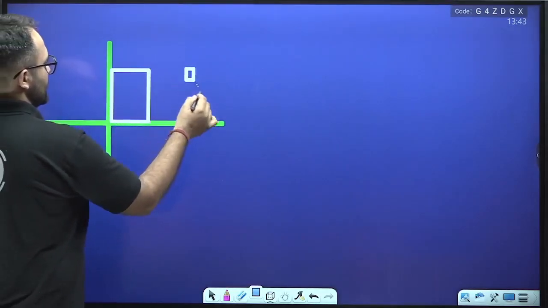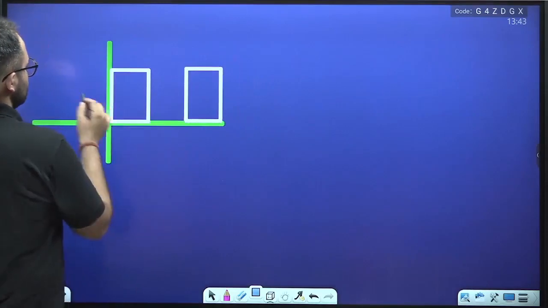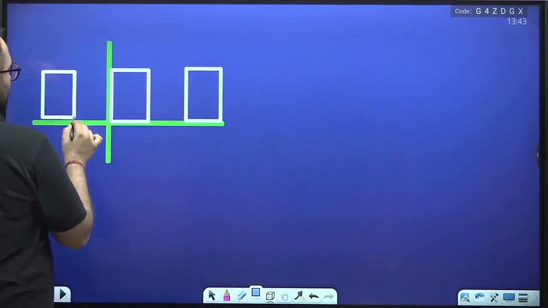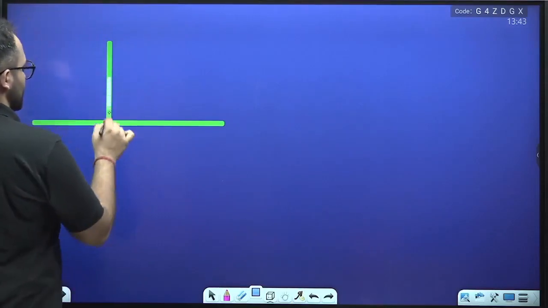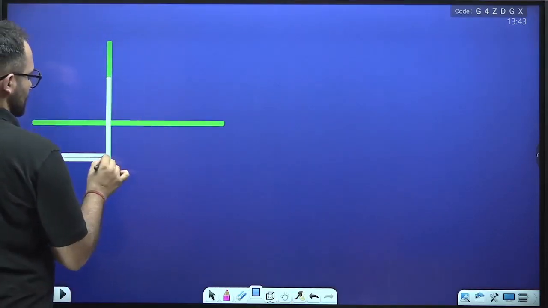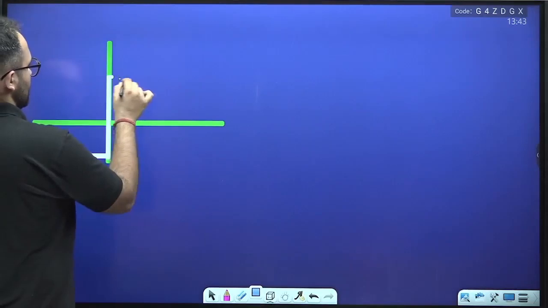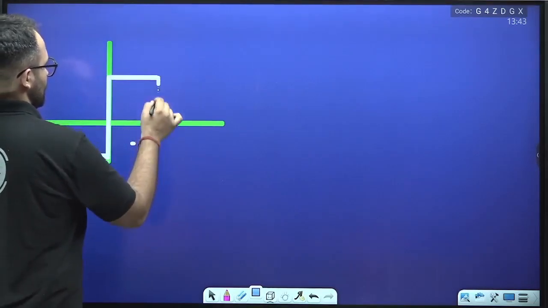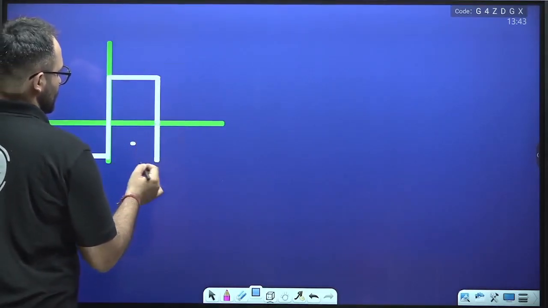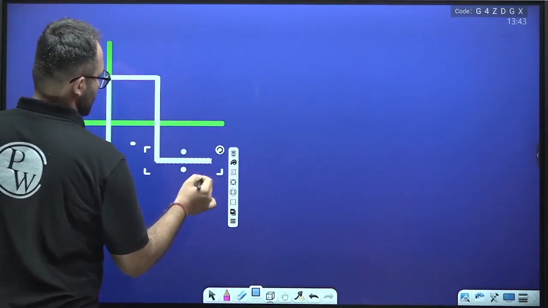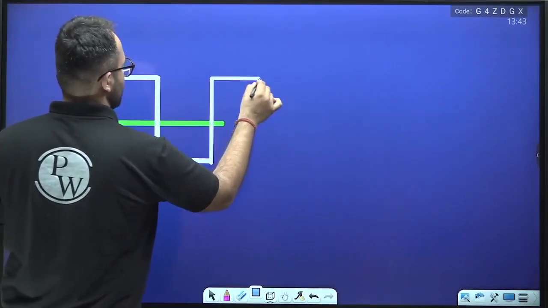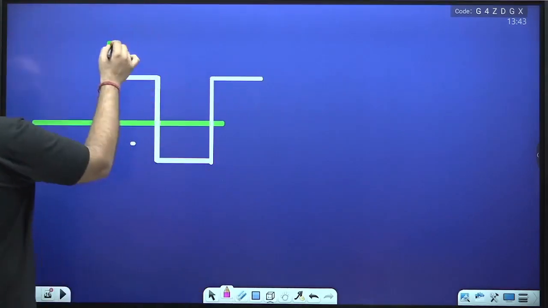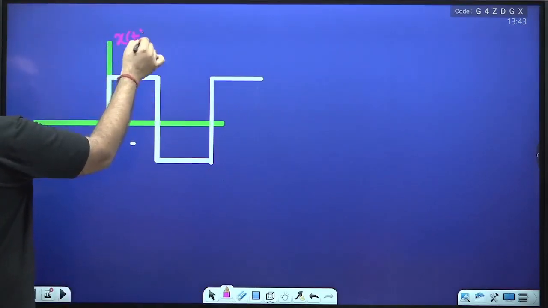Suppose we have this signal. This is xt, and here it is 7.